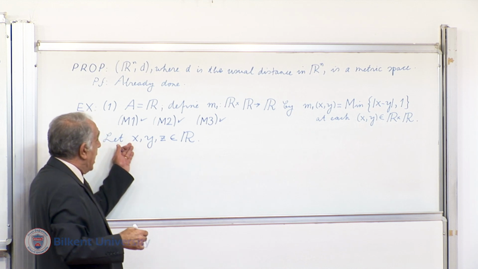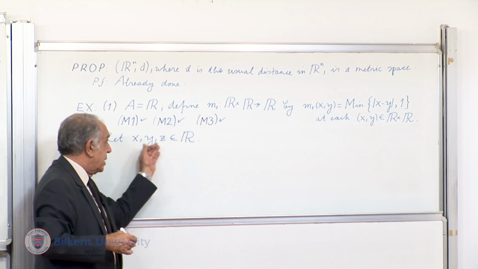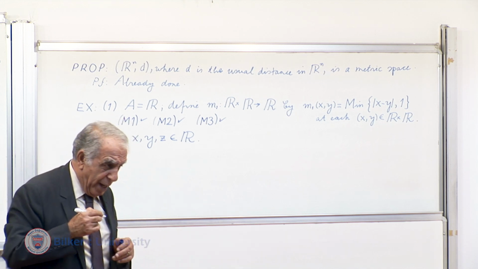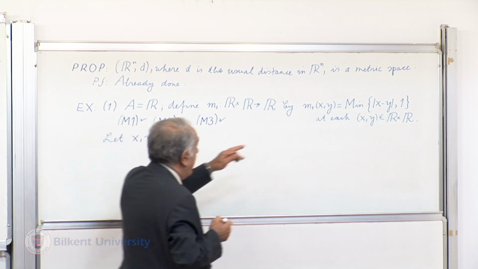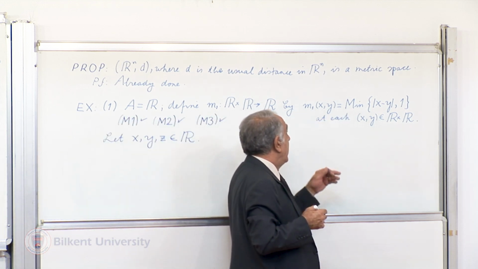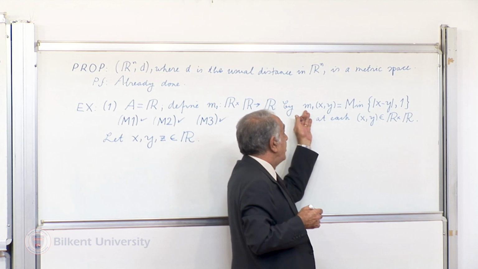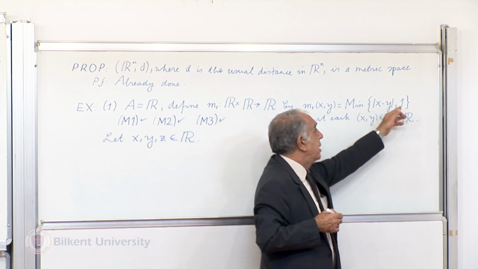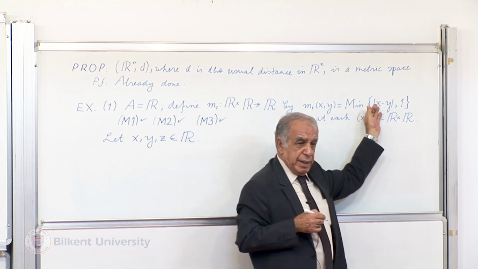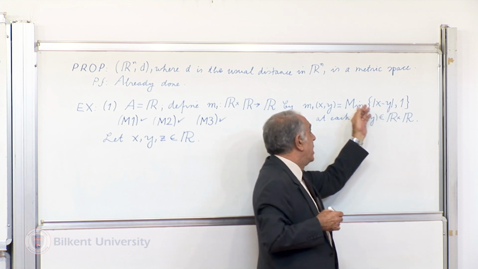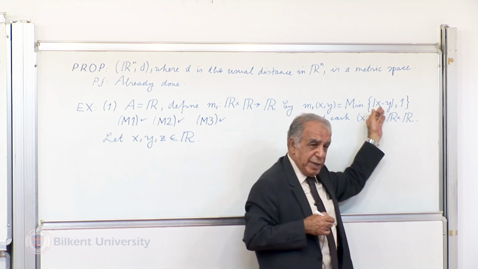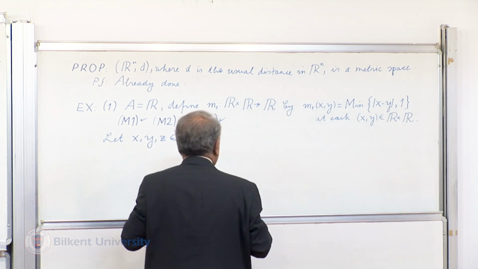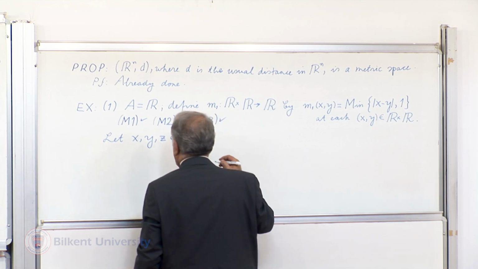We wish to show that m1(x,z) is less than or equal to m1(x,y) plus m1(y,z). Now, by this definition, m1(x,y) will be less than or equal to both of these, because it's the minimum of them.